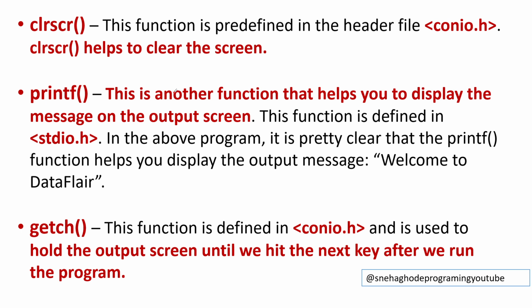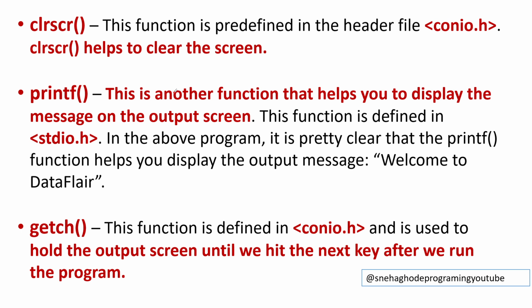Then after that, getch. This function is also defined in conio.h because it is also related to the console, and it is used to hold the output screen until we hit the next key after we run the program. Getch means hold the screen.